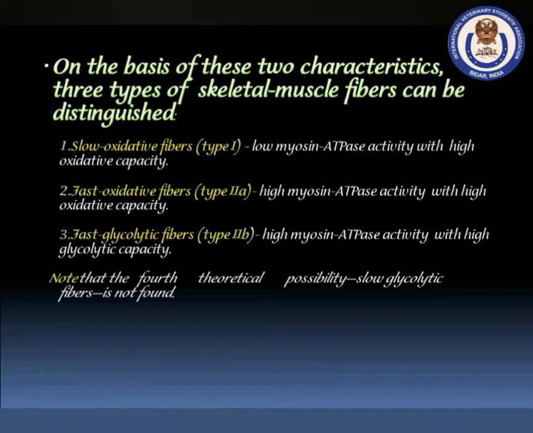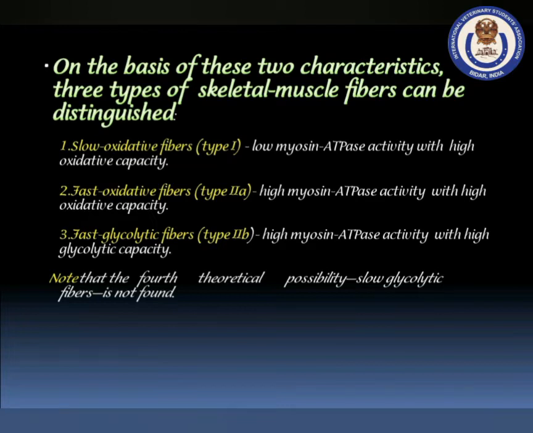The second type is type 2A, which is fast oxidative fibers: high myosin ATPase activity with high oxidative capacity. The third one is fast glycolytic fibers, type 2B: high myosin ATPase activity with high glycolytic capacity. Now what's glycolytic capacity?